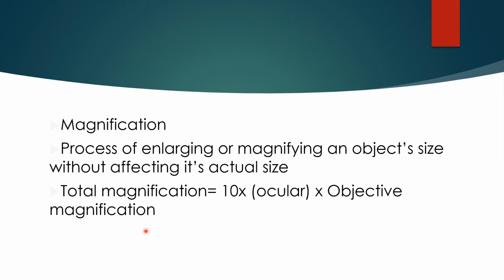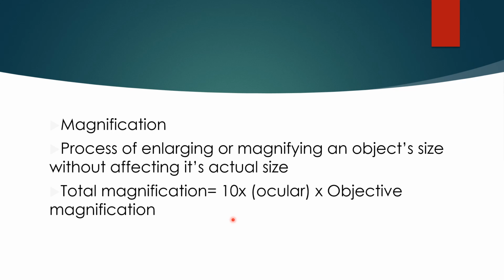When we say total magnification, that is obtained by multiplying the magnification of your ocular lens by your objective magnification.